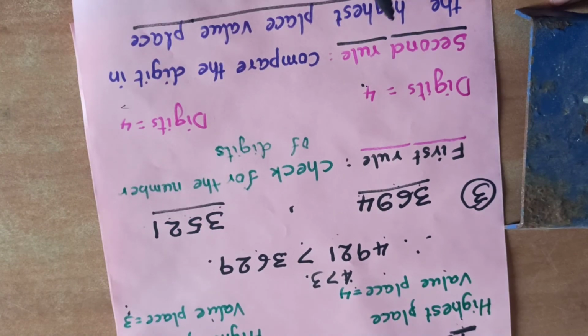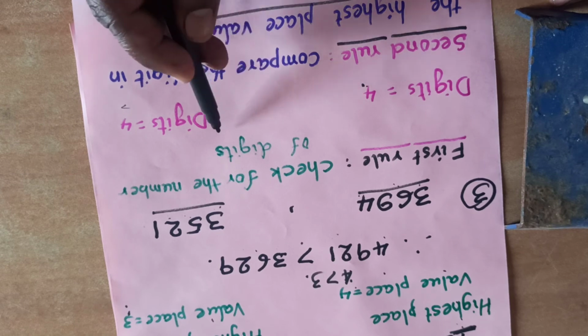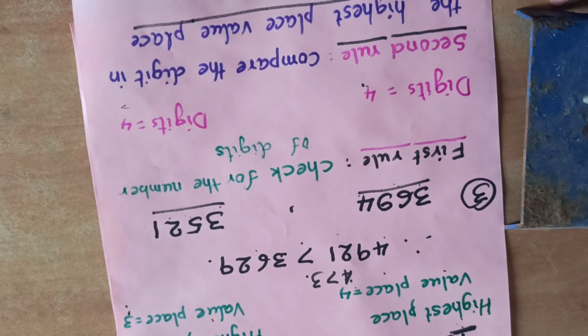Second rule. First rule is to check the number of digits. Second rule is to compare the highest place value place.